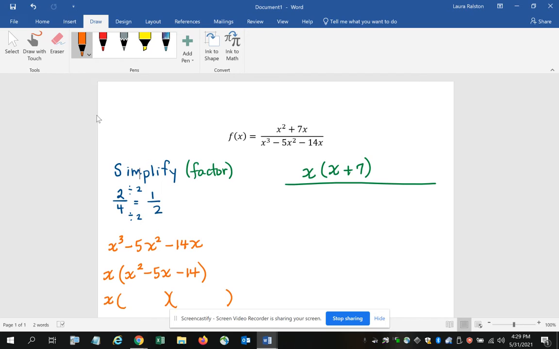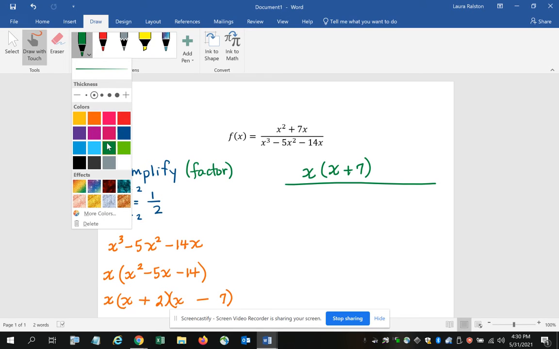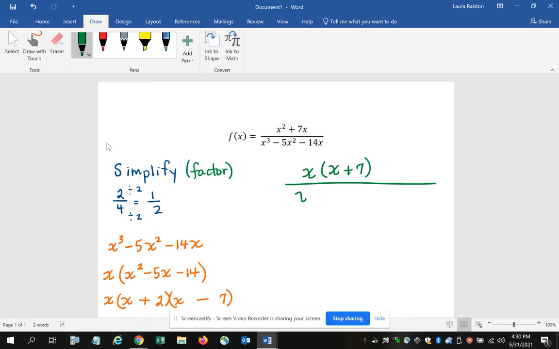I need to find a pair of numbers that will multiply to 14 and subtract to 5. So I believe that will be 7 and 2. I need a -7 to end up with a -5, so the 7 is negative, the 2 is positive. So in the denominator, once it's factored, I have x times x plus 2 times x minus 7.